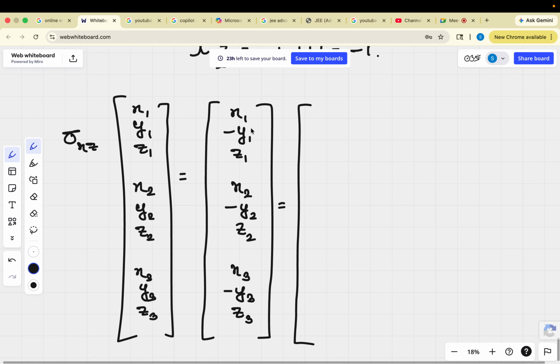Now if I write down the matrix, so here you will get 1 0 0. For minus y1 you will get 0 minus 1 0, and for z1 you will get 0 0 1. No x2, no x3, so you just write down here only this.